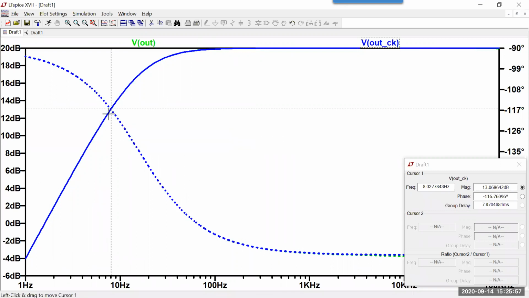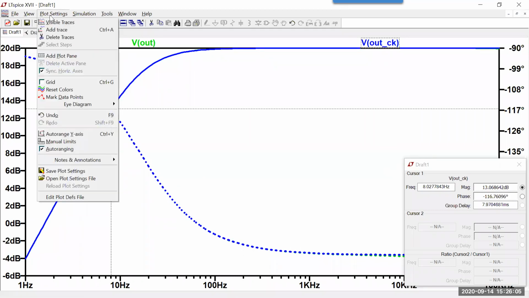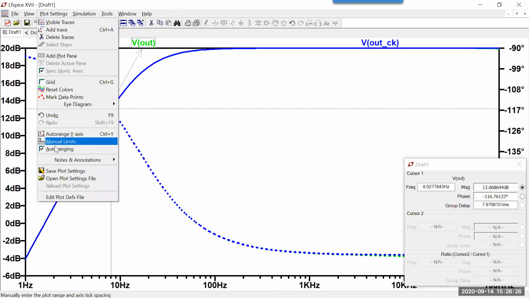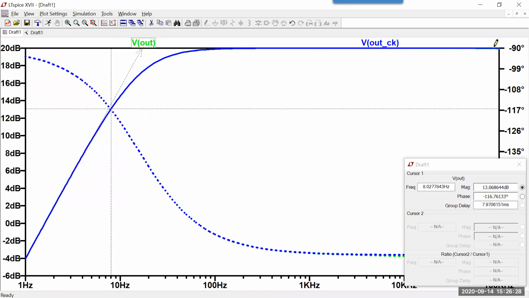But in the asymptotic Bode plot, you're kind of drawing a straight line this way, and then you draw a straight line that way.